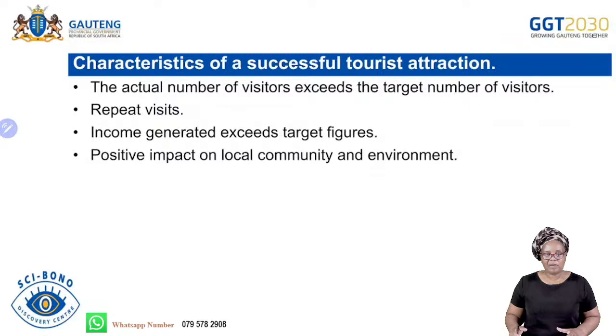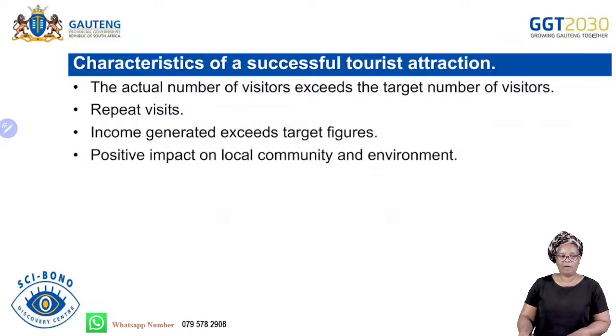The way they have been treated is what will make sure whether they come back or not. And if a tourist attraction is receiving repeat business, we say that it is successful because people are coming back to that attraction because of how they were treated. They were given proper service, good service.